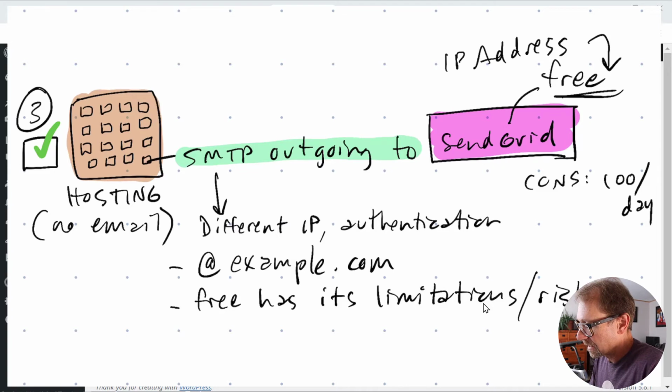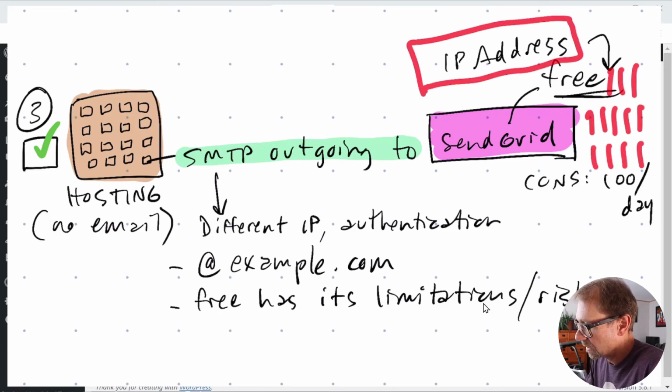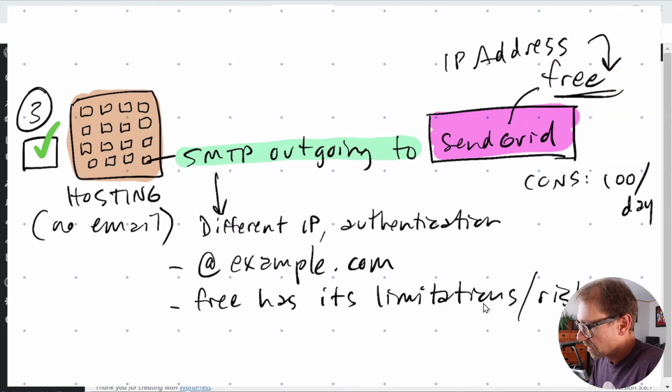But because the SendGrid free level is used by so many people, that IP address sometimes is compromised. And I've had it where when I'm using the SendGrid free level, sometimes emails don't go out. So that's kind of a negative as far as deliverability.